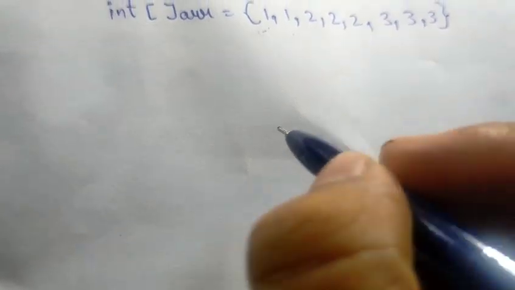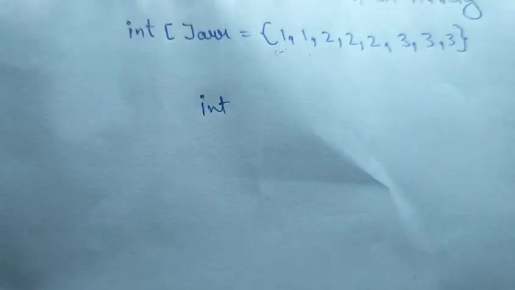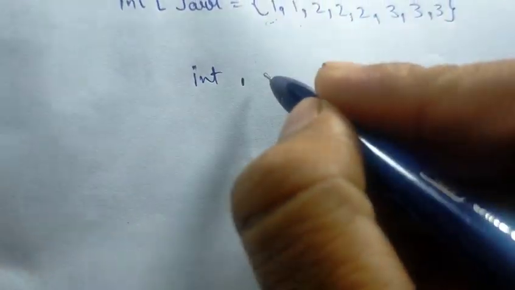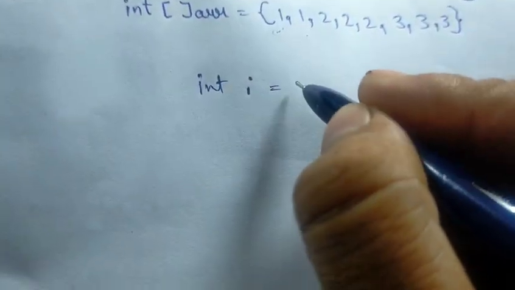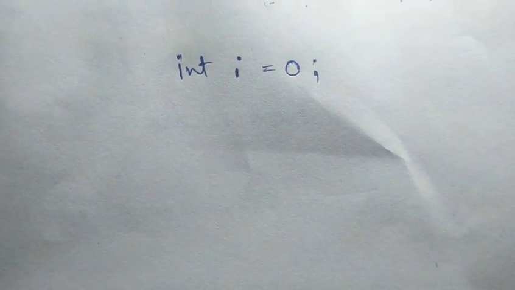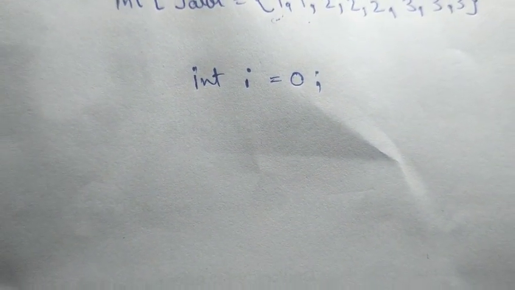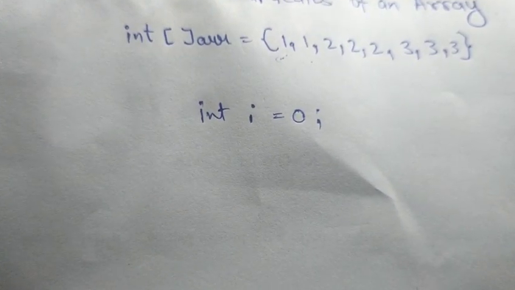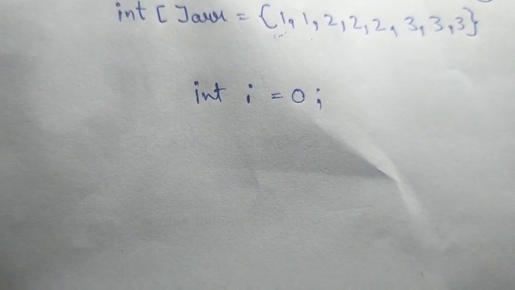So now first of all I am going to take an initial item, I equals 0. It is the initial element.